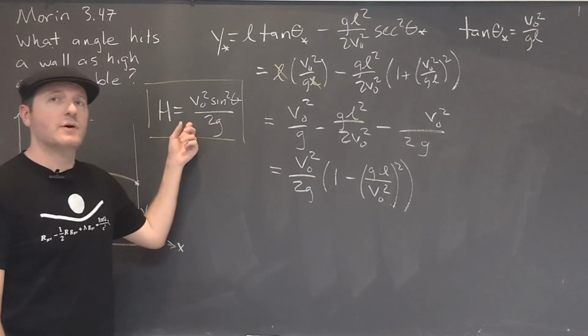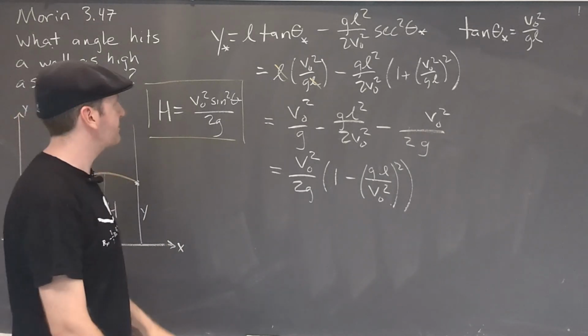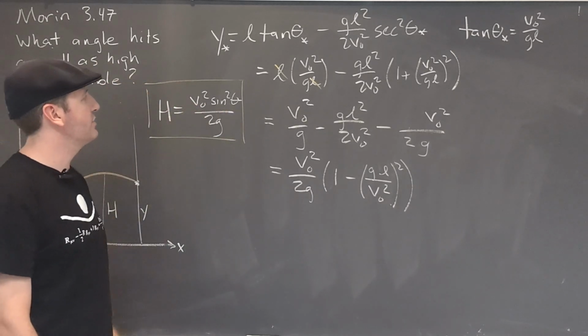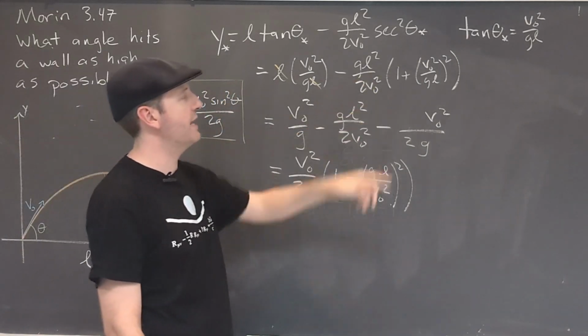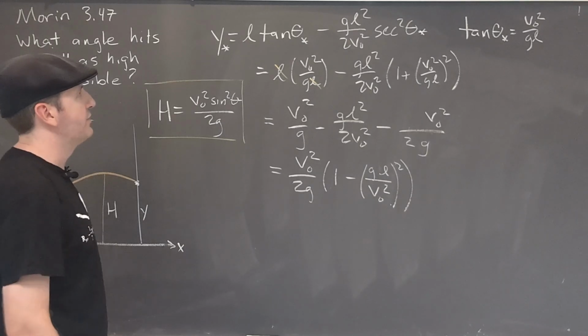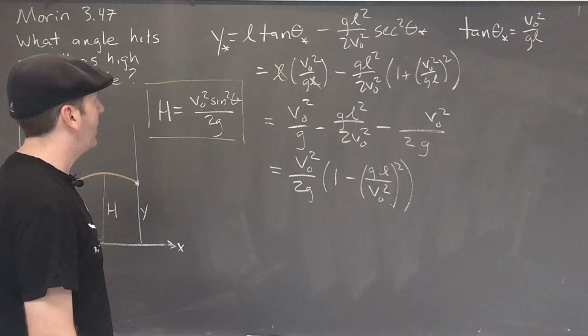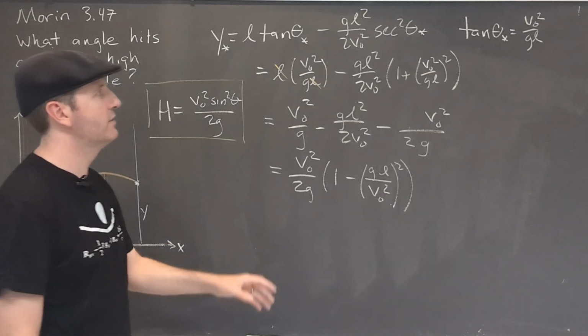On the other hand, we also have the old formula for the maximum height that we've previously found. This has been calculated earlier, so really all we have to do is now plug in what is sine squared theta if tan theta is equal to this. Well, there's a couple different ways of doing that. Probably the easiest is to draw a little triangle.